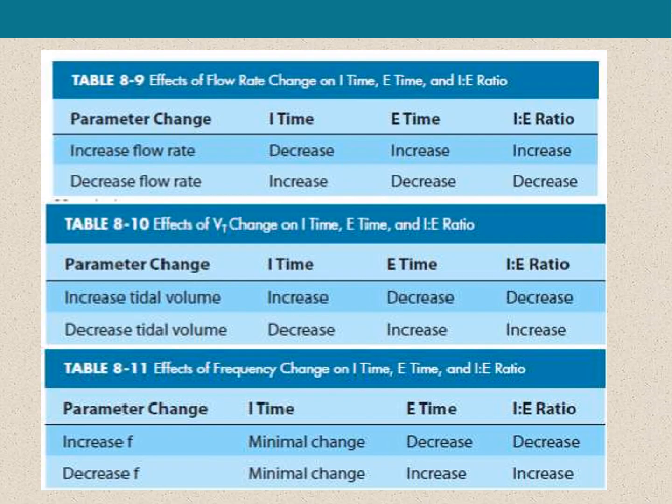Increasing respiratory rate will decrease the inspiratory and the expiratory time. Increasing the tidal volume will increase inspiratory time. While setting the I:E ratio, you should be very careful about the interplay between various parameters.